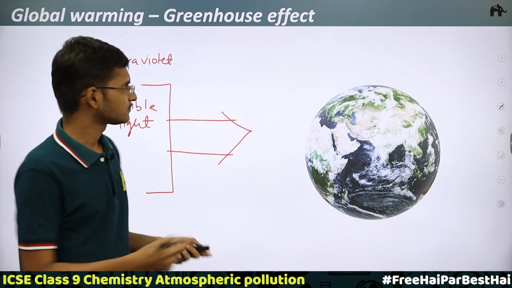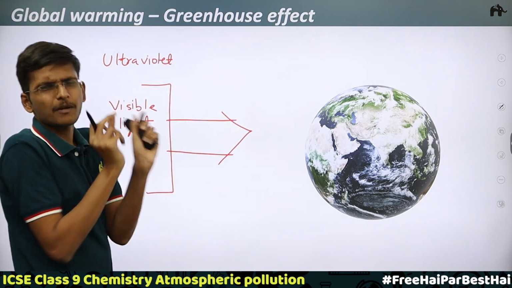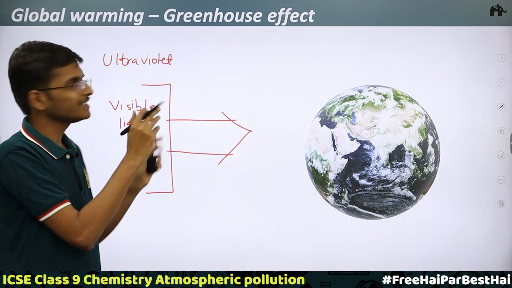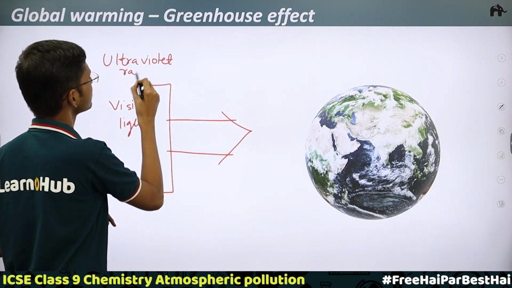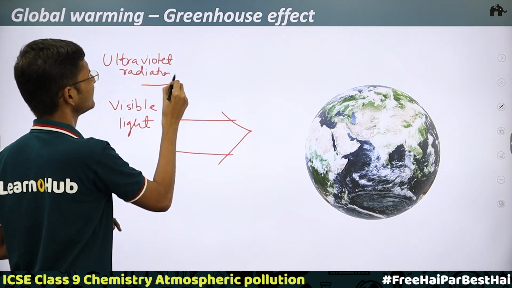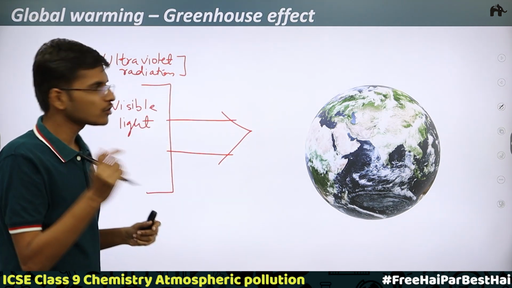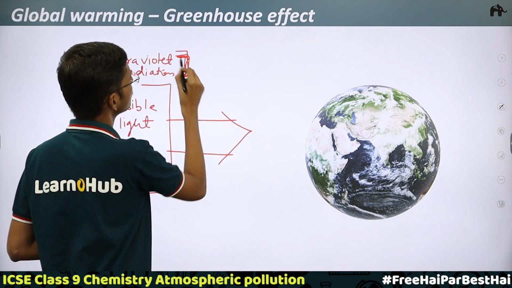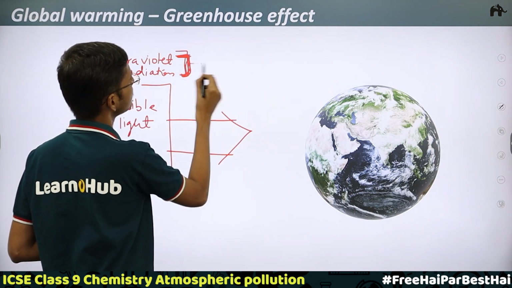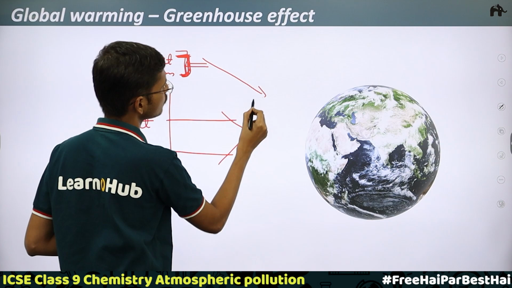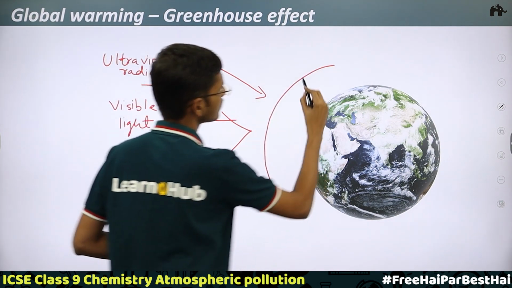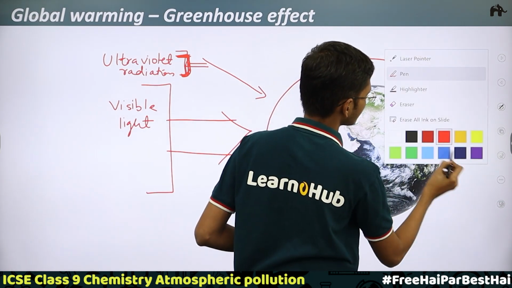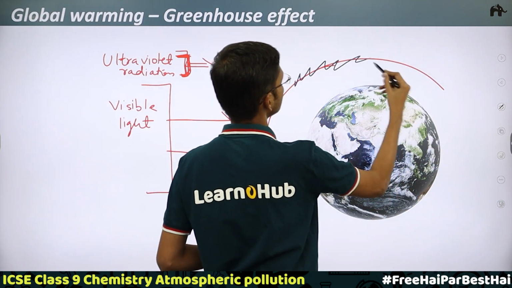So a very little amount of energy from the sun is in the form of ultraviolet radiation, and out of that very little, most of it is being absorbed by the ozone. Clear? So this is the ozone, suppose, like this.